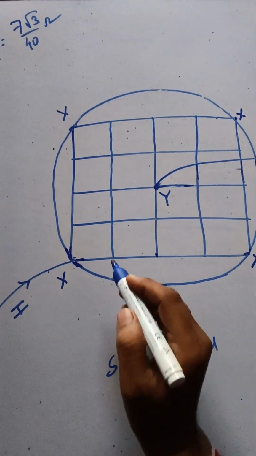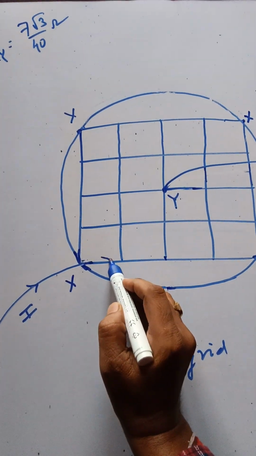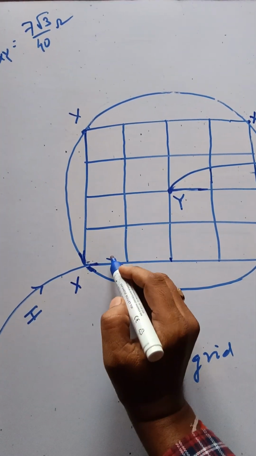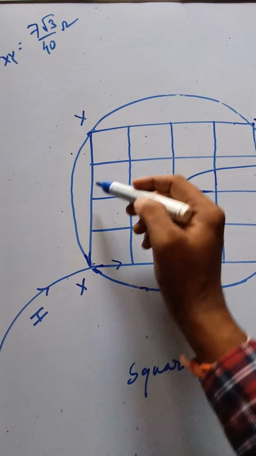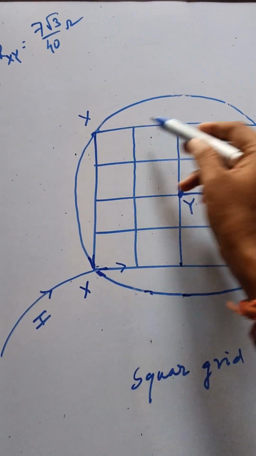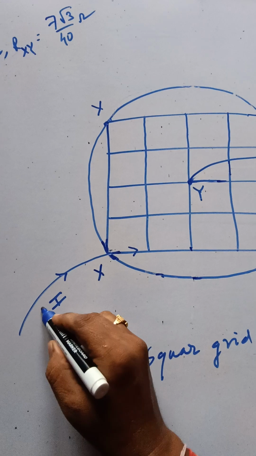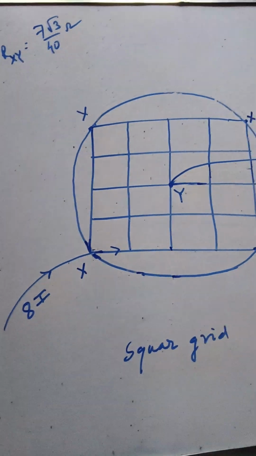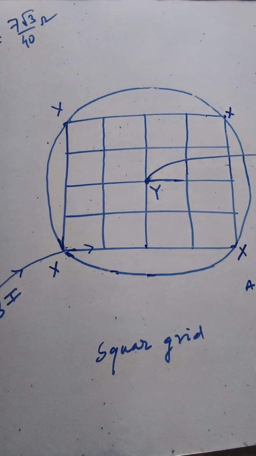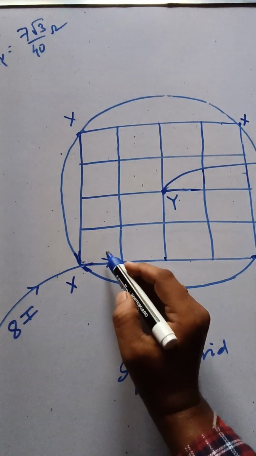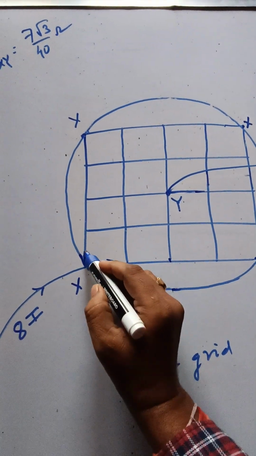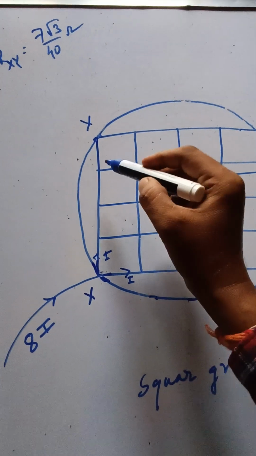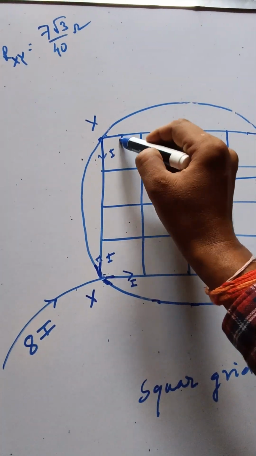So there is a symmetry. If this current is I, this current is I, this current is I, then in total 8I current is entering and 8I current is leaving. So this current is I, this current is also I, this current is I.